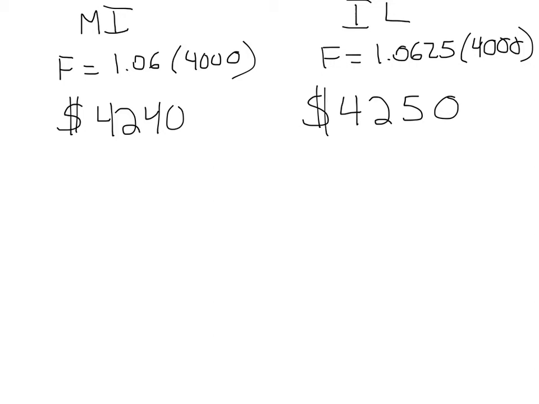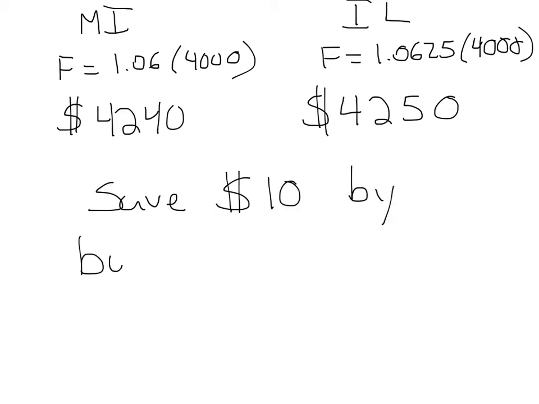So clearly, we save $10 by buying in Michigan. Okay. Again, all I'm doing is subtracting. That's fairly obvious. So you are going to save that $10 by buying in Michigan.